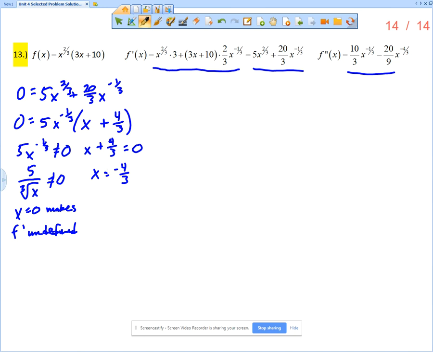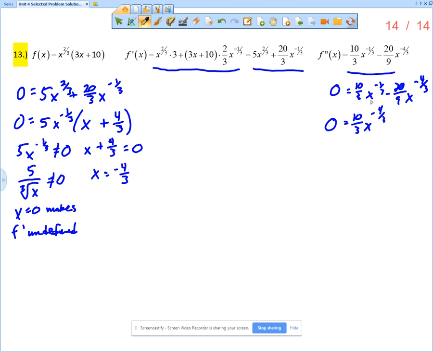Then I'm going to set f double prime equal to 0. So I have 10/3 x to the negative 1/3 minus 20/9 x to the negative 4/3. Now I'm going to factor out 10/3 x to the negative 4/3. Remember, factor out the lower power.